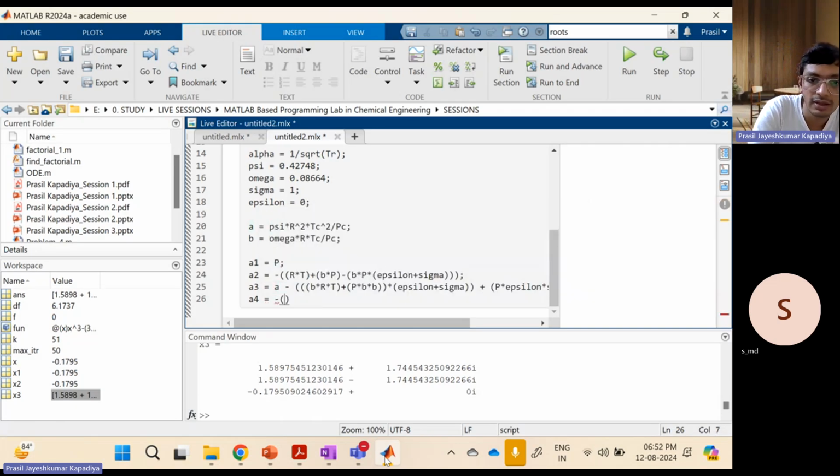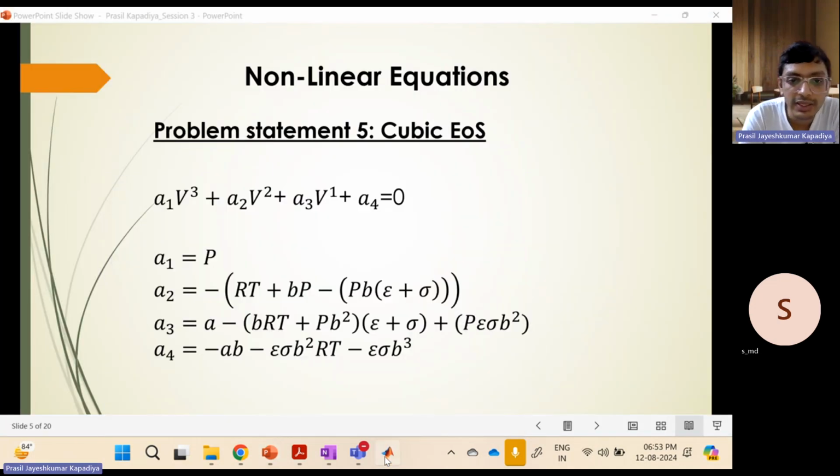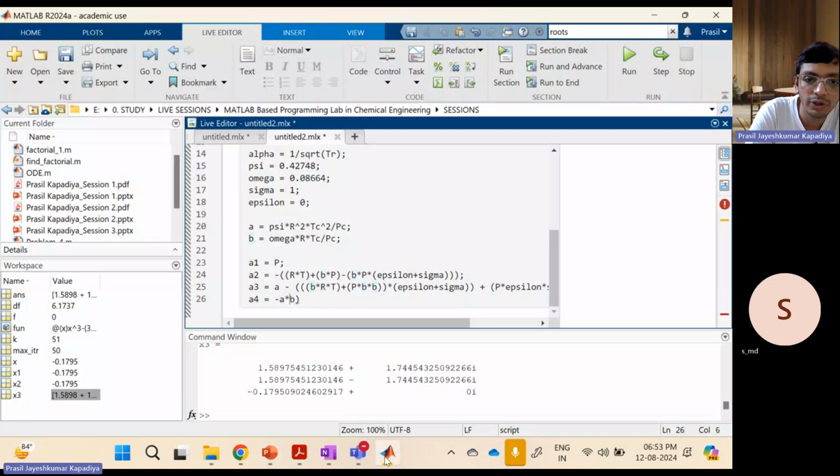My value of A4 is equal to minus A B. Everything is in minus, so no need to worry.